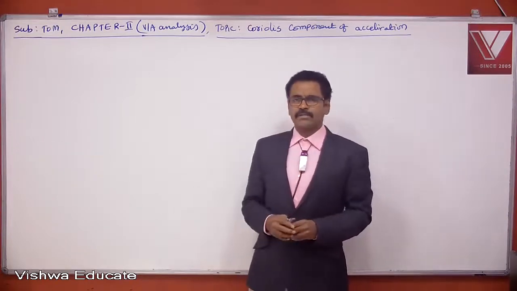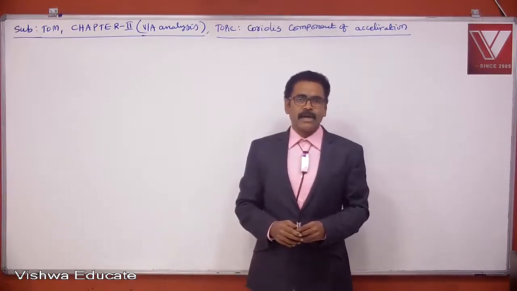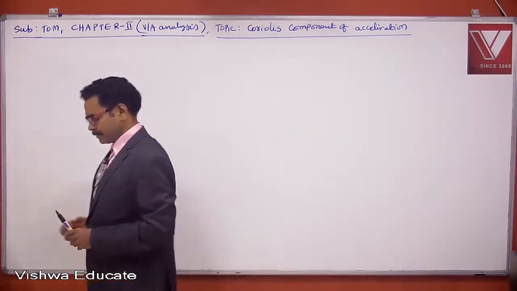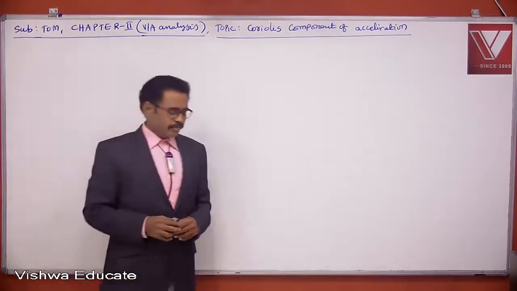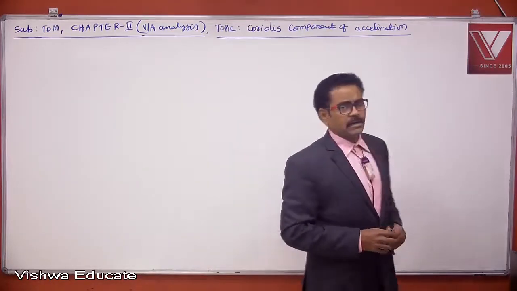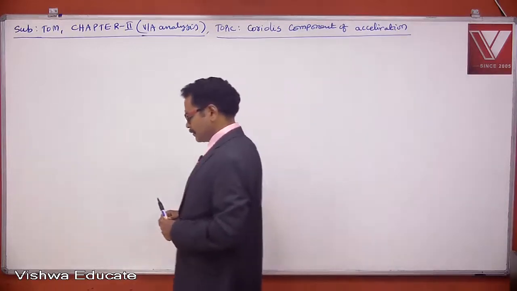First you may write one point, then we are going to do a derivation to find Coriolis component of acceleration. Write the definition.